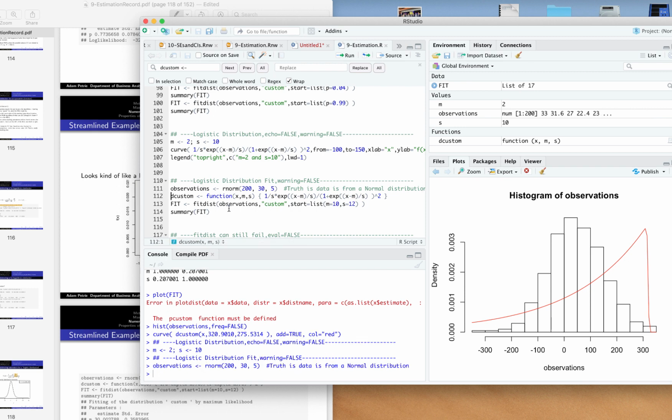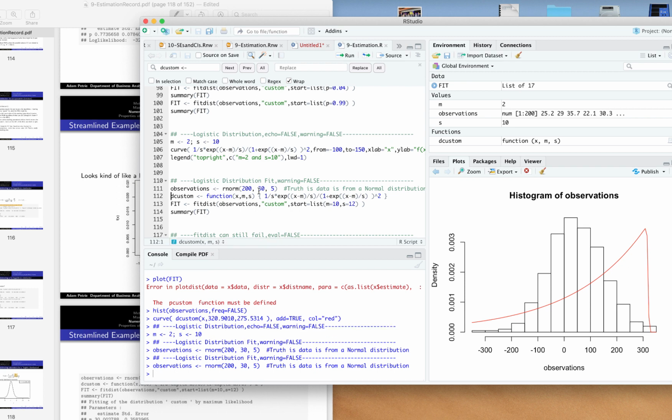And let's go ahead and make, oh, that was just a plot. So let's make some new data, peaking at 30, standard deviation of 5.